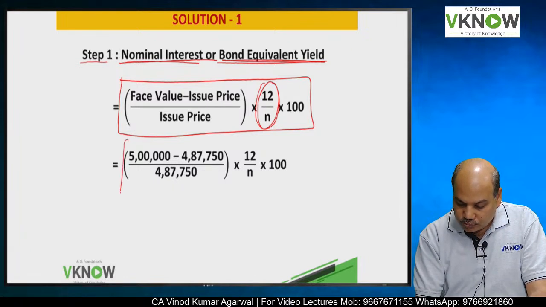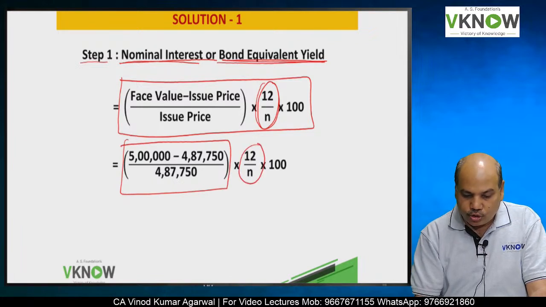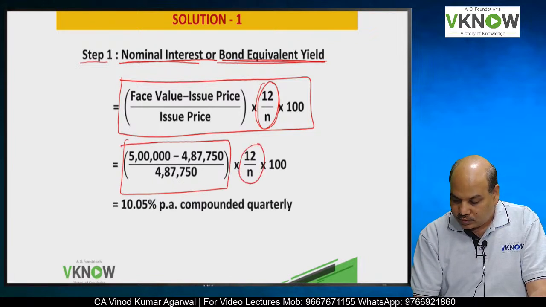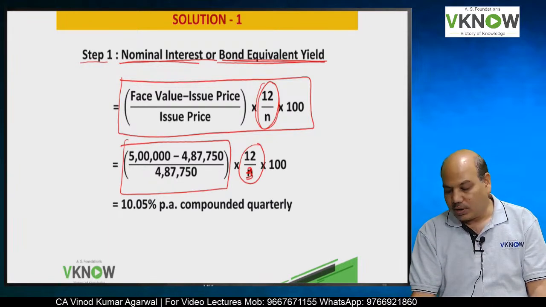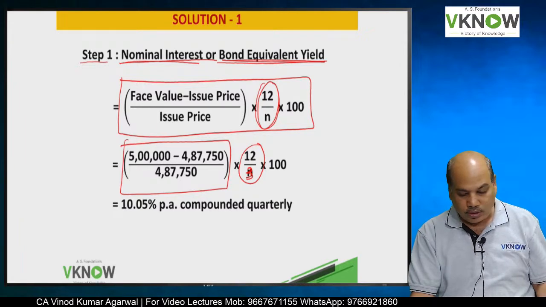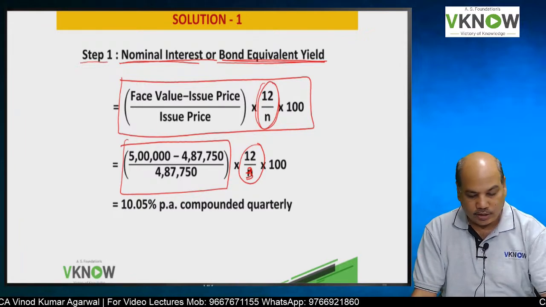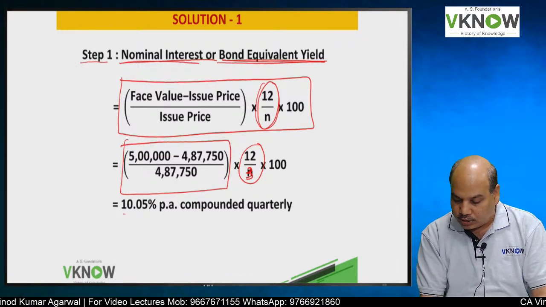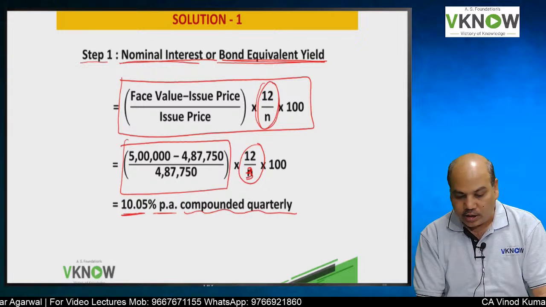This will give you the interest for 3 months, into 12 by 3, which gives the interest for a year. That comes to approximately 10.05% per annum, compounded quarterly.